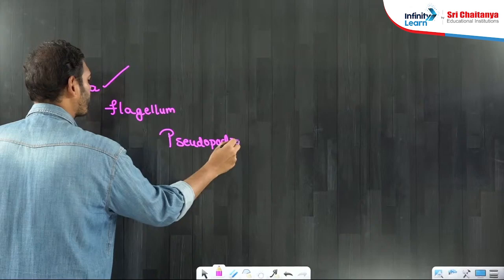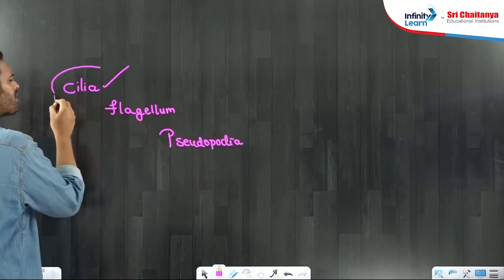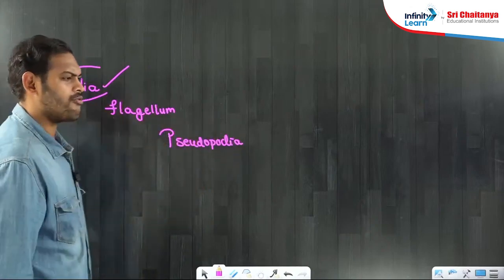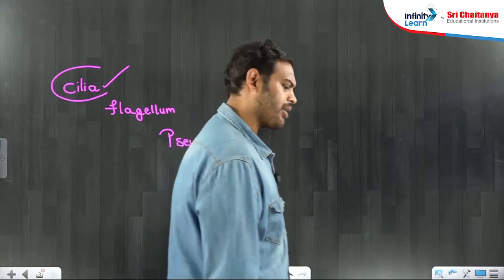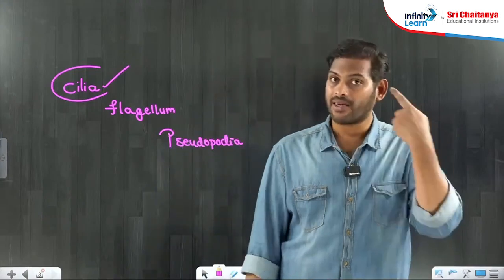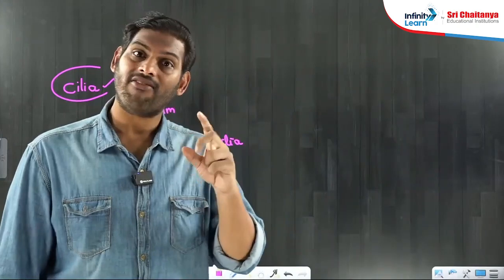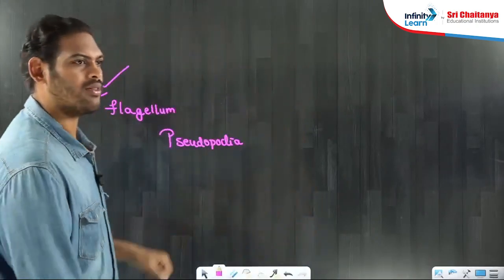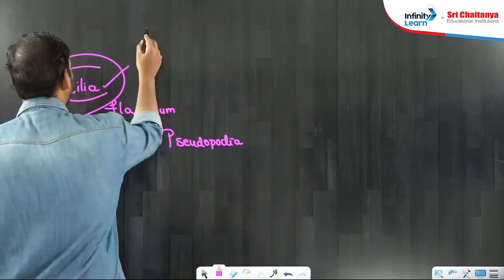Ciliated cells are found in fallopian tubules, trachea, ear, etc. Here inside body, cilia will move, but movement of cilia doesn't give you locomotion. So they will just perform movement.